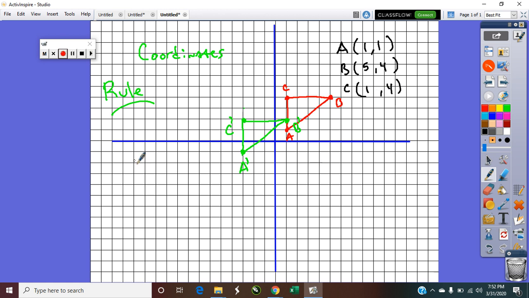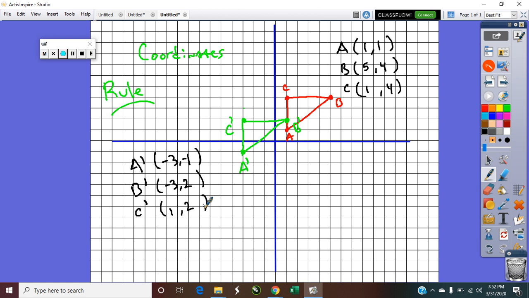Now let's write the coordinates for the new A, B, and C. And again, that apostrophe, remember, means that that figure was in some way transformed. And the transformation that we're doing in this case is a translation. So the new coordinates for A are now -3, -1. The new C are -3, 2. And the new B is 1, 2.